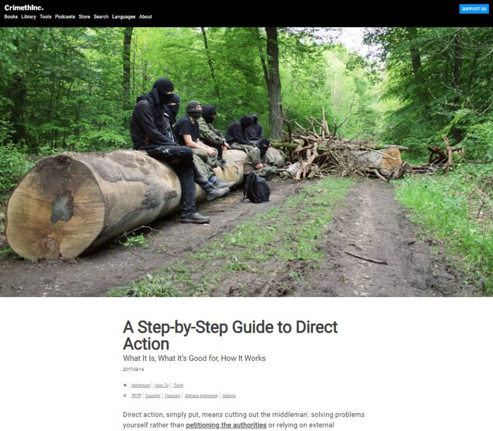For a larger action, affinity groups can work with other affinity groups in a so-called cluster, each group playing a role. This can make decision-making easier than it would be in one big mass, as each group can send a representative to a spokes council. Clusters of affinity groups can work together over long periods, building trust and effectiveness.